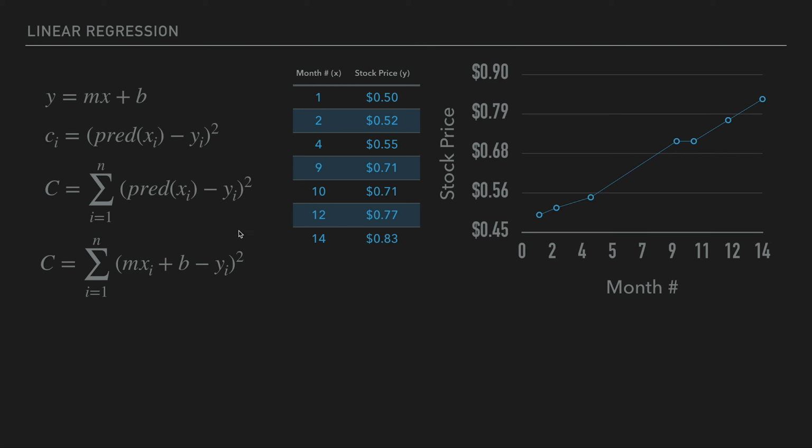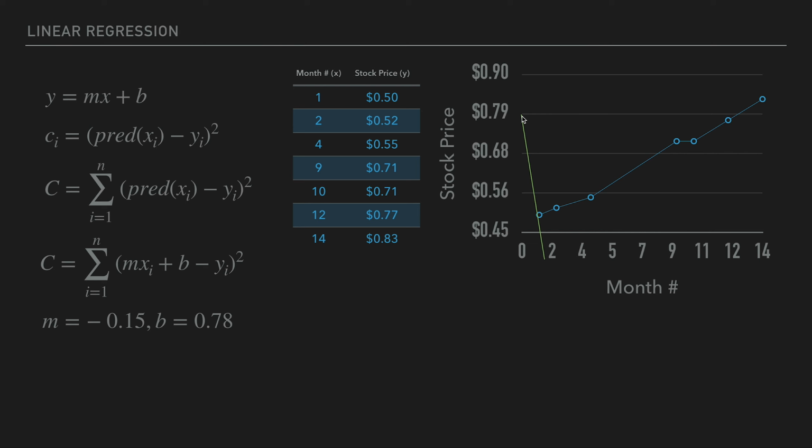Now that we have defined our error function, what we want to do for a linear regression is randomly initialize m and b. Let's just randomly initialize them to any numbers. So in this particular case, let's say that m is minus 0.15 and b is 0.78.